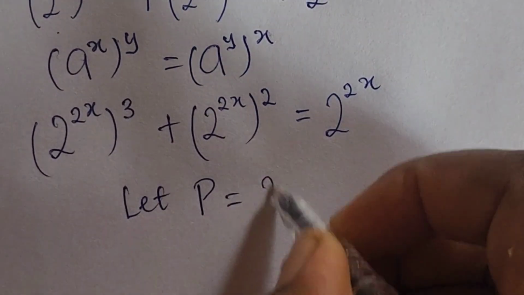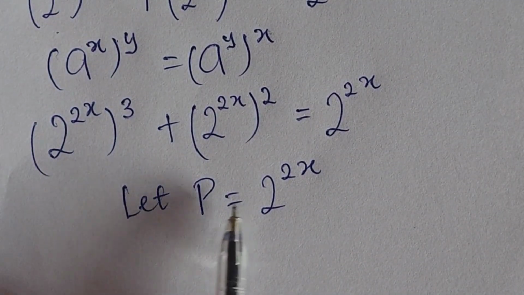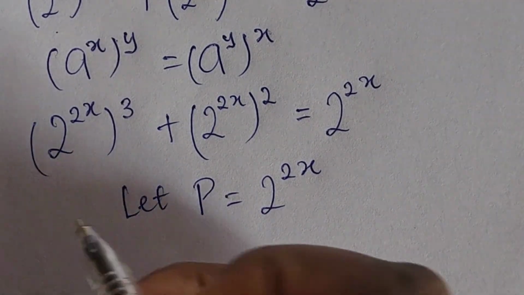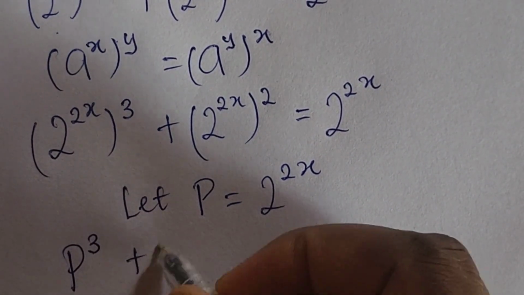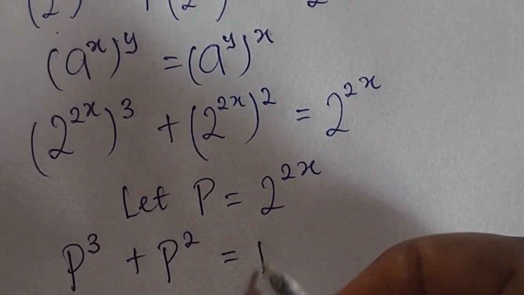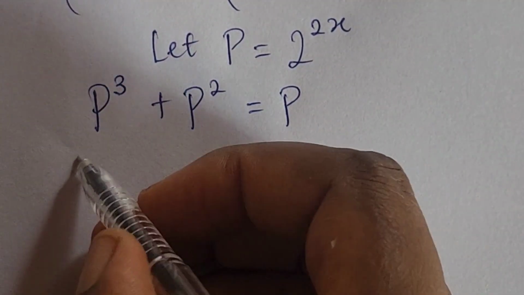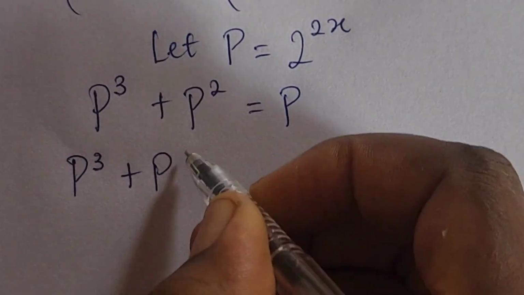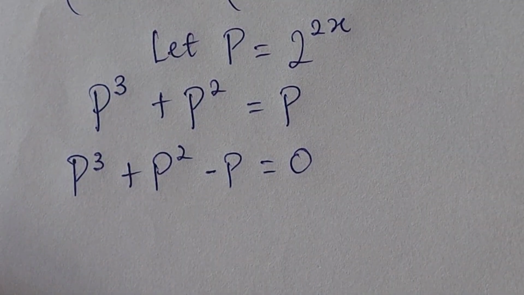So let p be equal to 2 to the power of 2x. So wherever we see 2 to the power of 2x, we impute for p. So we have p cubed plus p squared equal to p. So this is a cubic equation. We can rewrite it to be p to the power of 3 plus p squared minus p equal to 0.